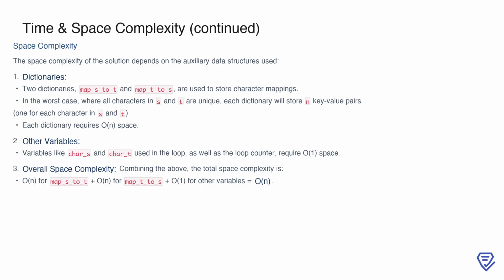Apart from these dictionaries, other variables used in the algorithm, such as char_s, char_t, and the loop counter, require only a constant amount of space, or O(1). Putting this together, the total space complexity comes from the two dictionaries, each taking O(n), plus the O(1) for other variables. Therefore, the overall space complexity is O(n).